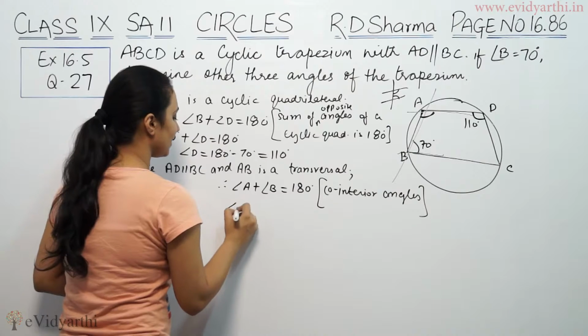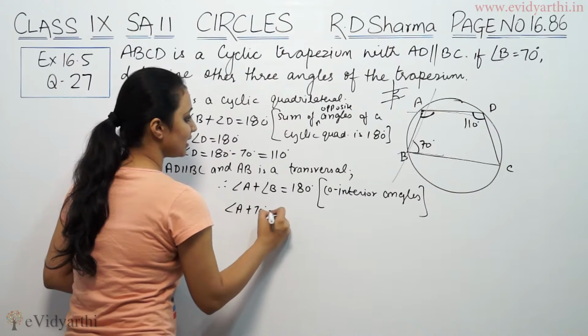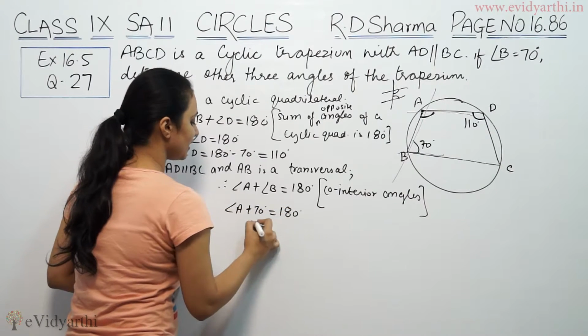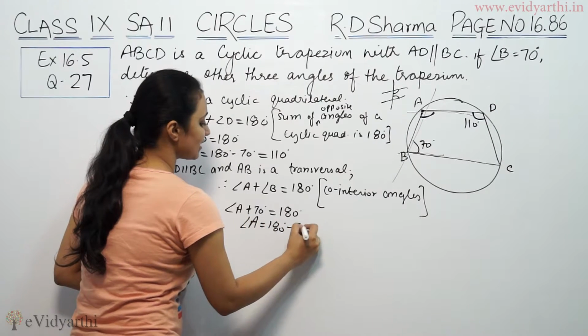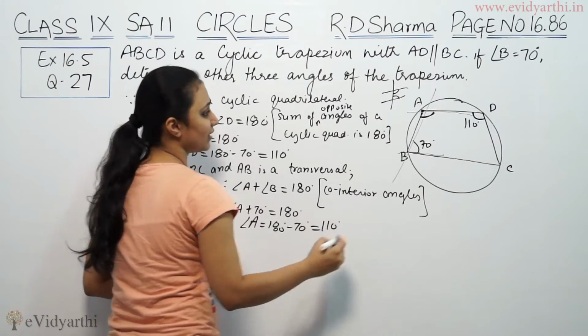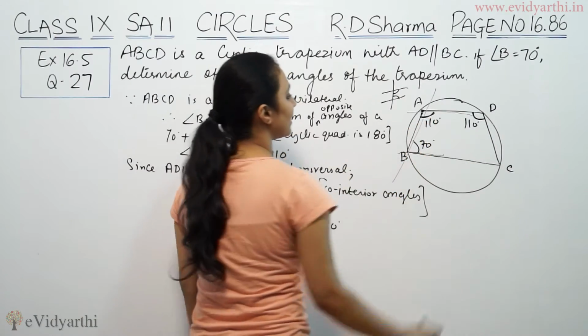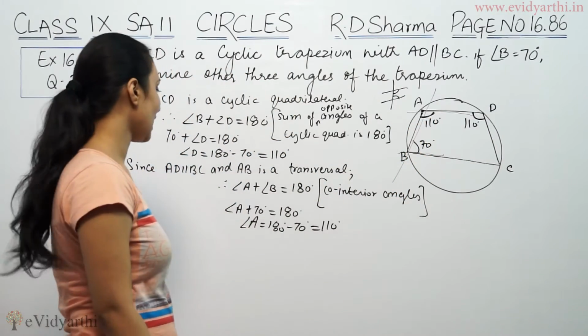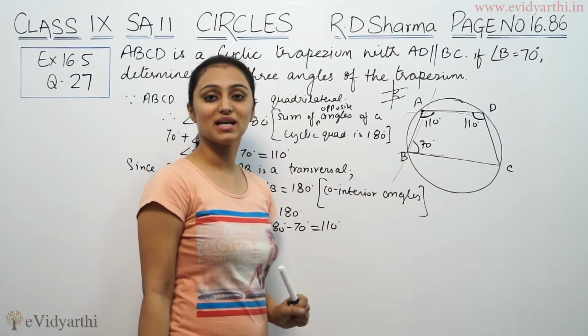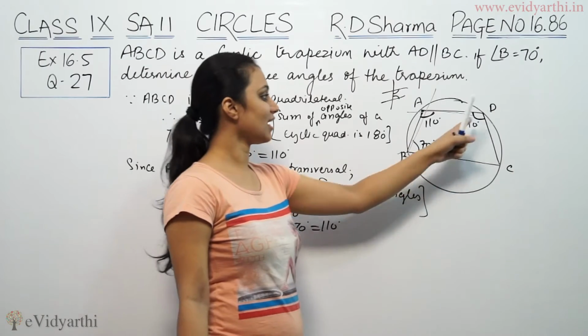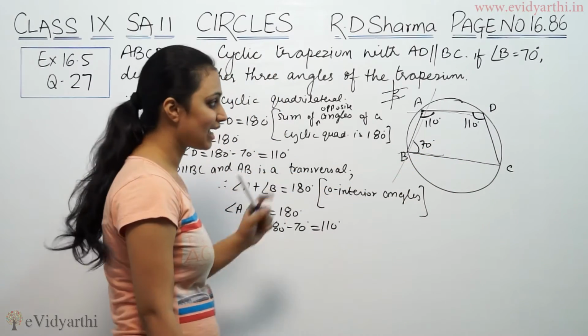So angle A plus angle B, 70, is equal to 180 degree. Angle A is equal to 180 degree minus 70 degree. That means 110. This is 110. So when ये 110 है, तो opposite angles का sum cyclic quadrilateral में is 180 या आप कह सकते हैं इन दोनों का sum is 180 because वो lines parallel है.